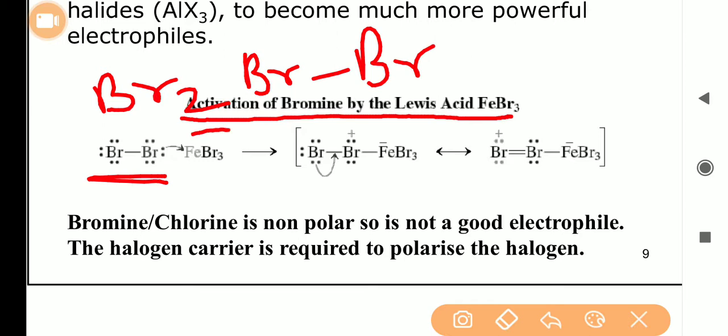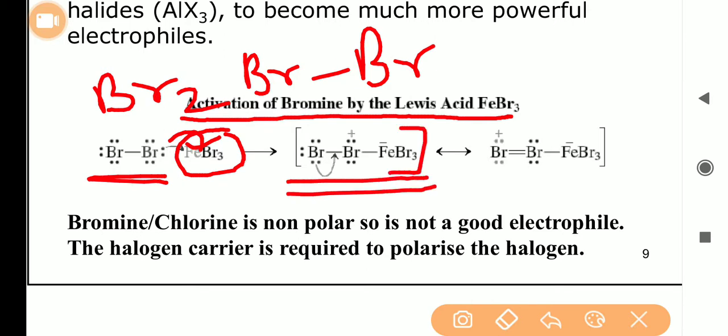This is the ferric bromide, and the lone pair is donated into the empty orbital of Fe, and the compound is formed like this. It has a positive charge, and now a negative charge. To balance this positive charge, the bond breaks to this side and the lone pair shifts. Now it is a negative charge, and here a positive charge.